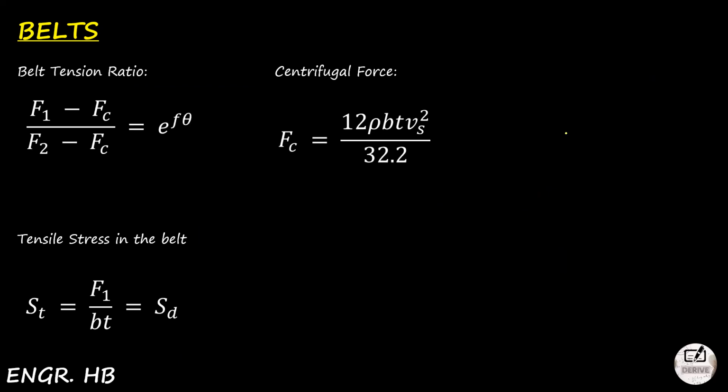So sa belt tension ratio naman, syempre, kagaya ng chapter 3 natin na shop, lagi namang may belt tension ratio kasi may tension yung belt dun sa scenario or dun sa case na pinakita natin sa mga pictures. Syempre, kunyari yan yung pulley, tapos kung ganito ang ikot, of course, this will be your tight side tension. Pwede natin sabing F1 and F2.